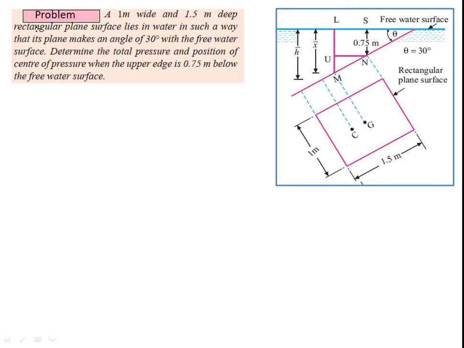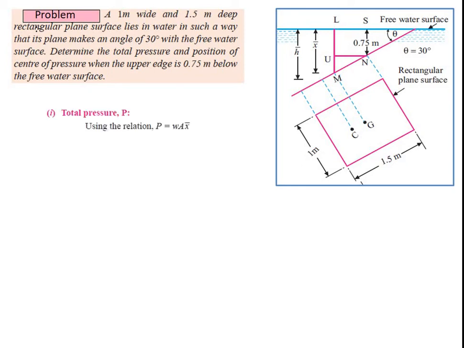Now consider x bar to be the distance up to where we are considering the center of gravity. h bar is nothing but the center of pressure.